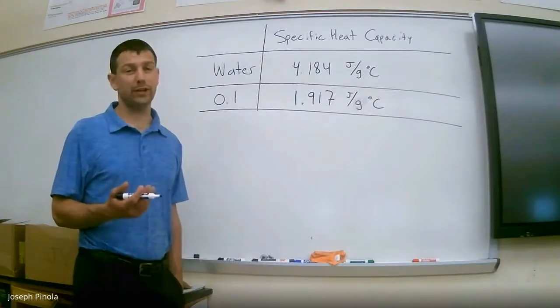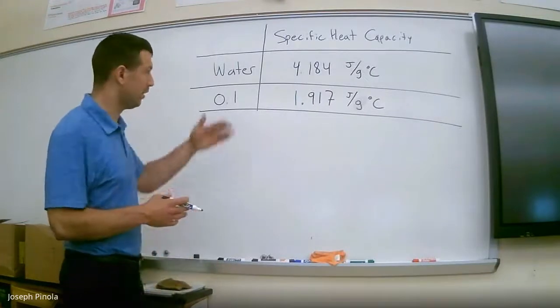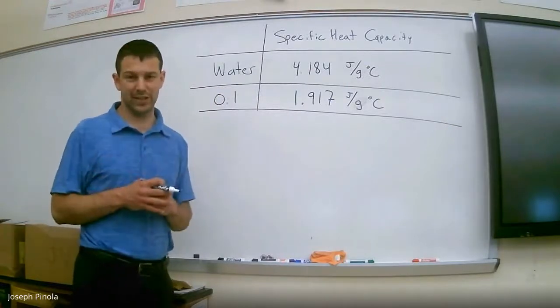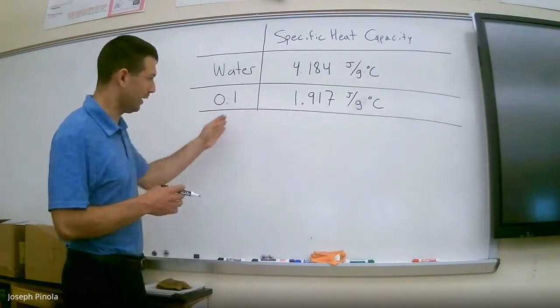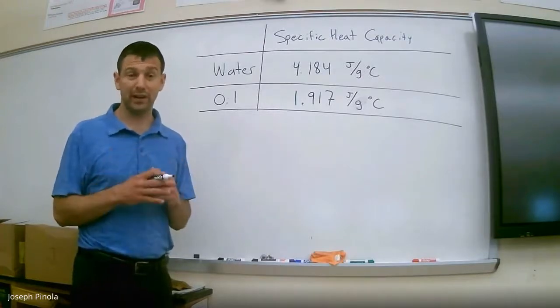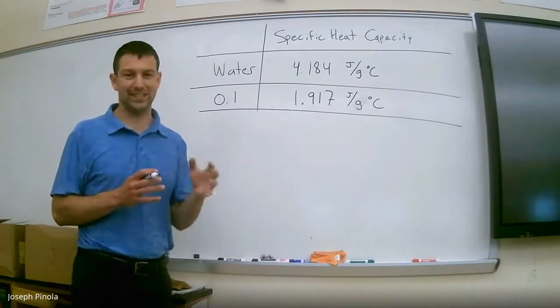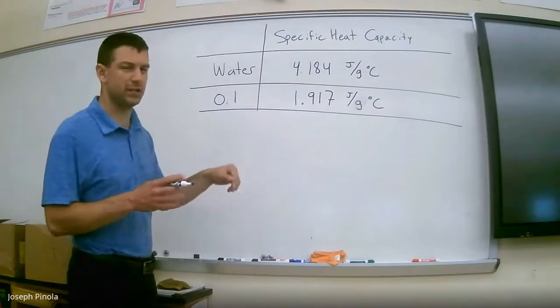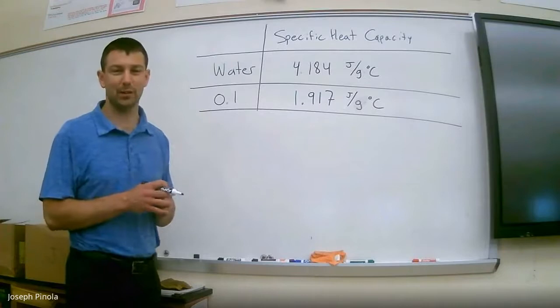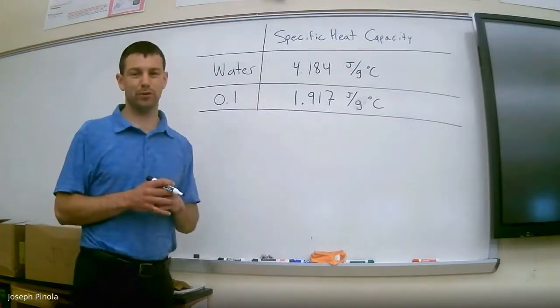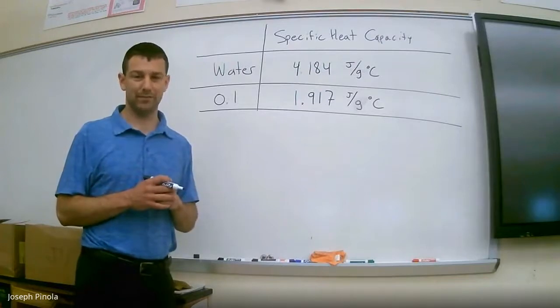Hopefully now you very clearly see that a lower specific heat capacity will yield a bigger change in temperature. Oil had a lower specific heat capacity than water, just like brick had a lower specific heat capacity than iron. And as a result, the oil changed its temperature much more dramatically than the water, and the brick changed its temperature much more dramatically than the iron.